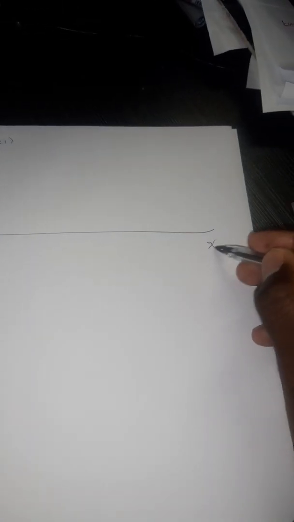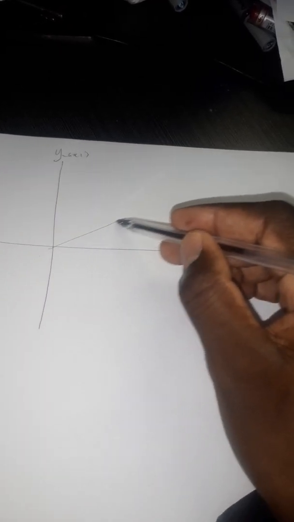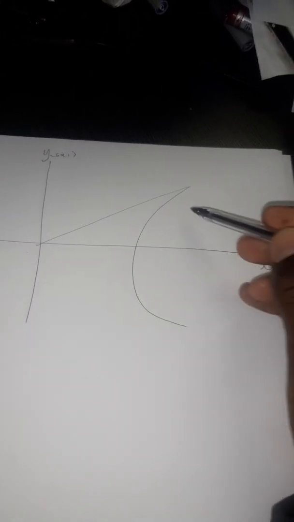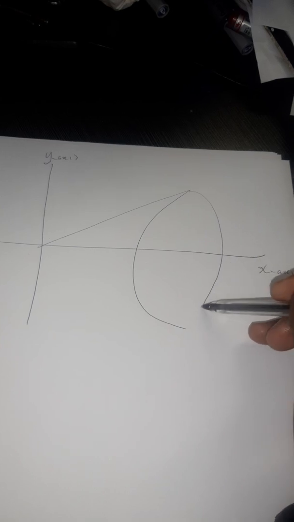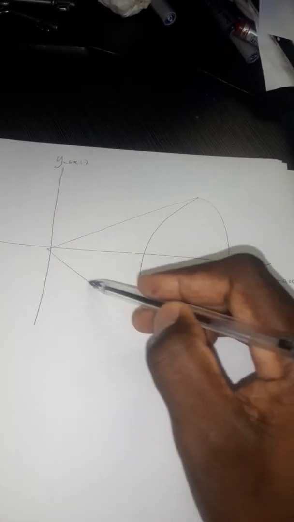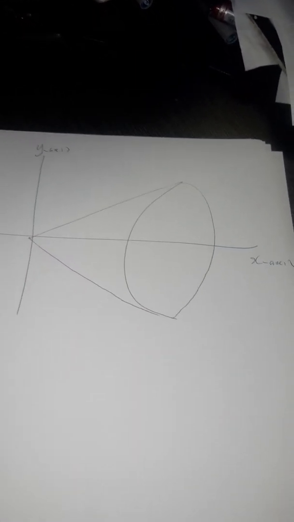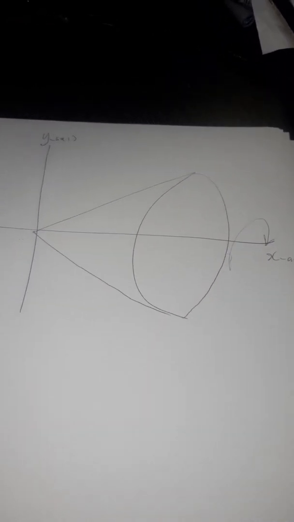Therefore, let's draw this. That's the y-axis and the x-axis. The cone will be here, and it's rotating in whichever direction.